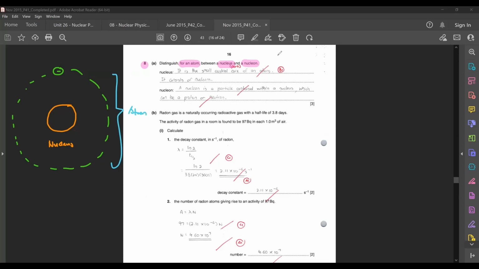Inside your nucleus you have neutrons and protons in this manner. So these are what you call your nucleons.